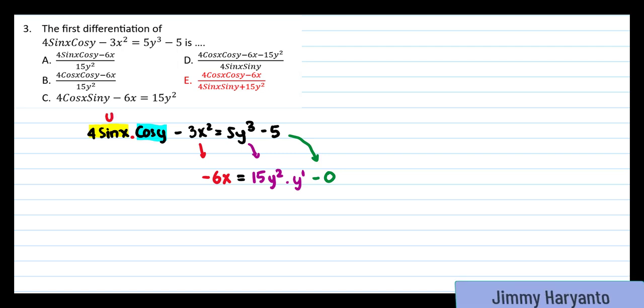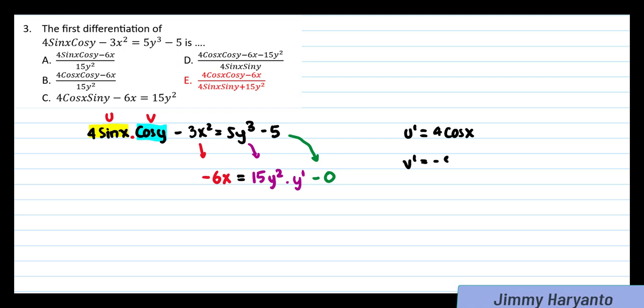I will take sine x as u, and then I will take cos y as v. That means the u prime will be 4 cos x, the v prime will be negative sine y. Be careful because we are dealing with the variable y. That means we have to add y prime at the back of the result.